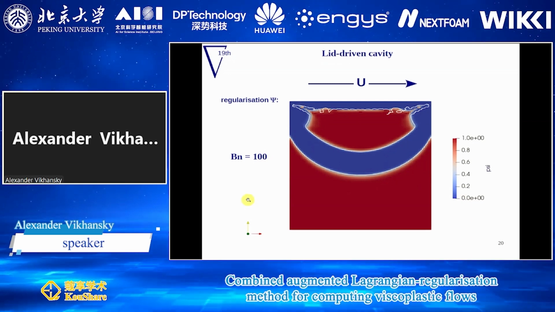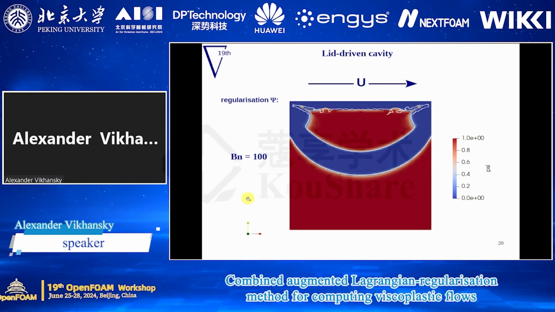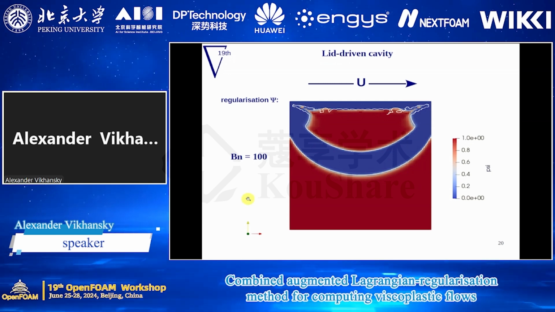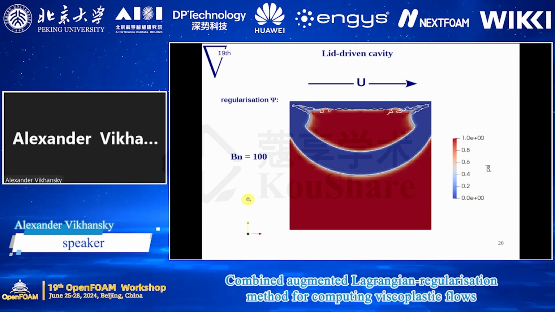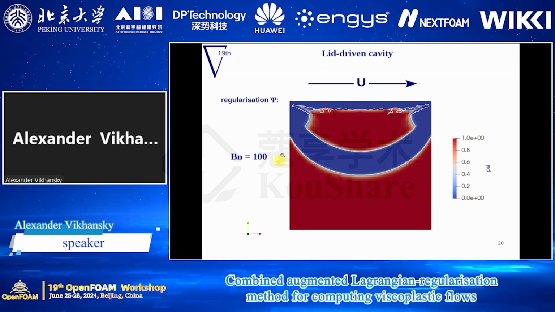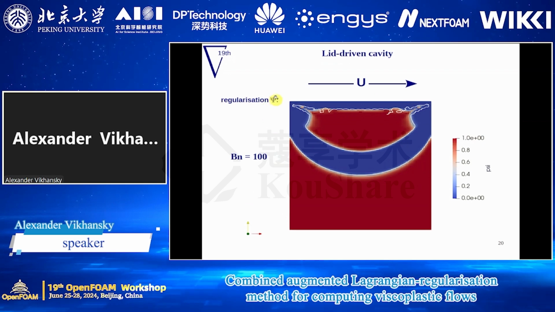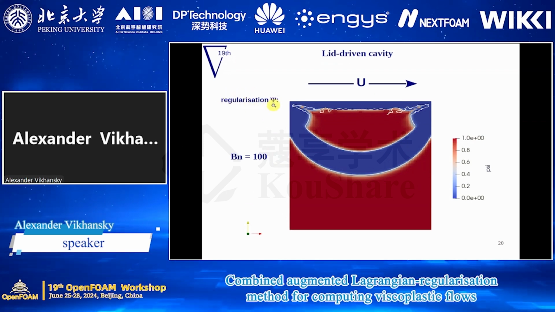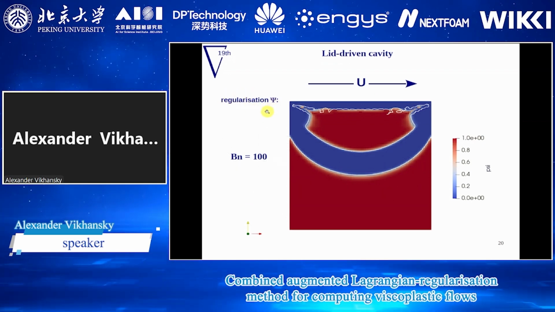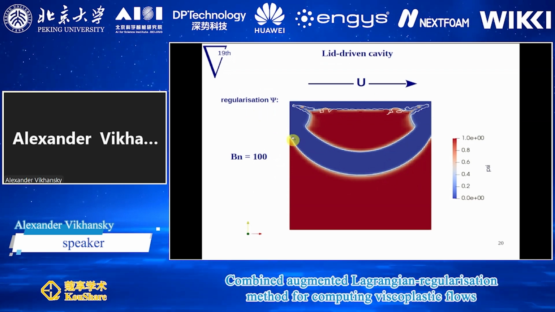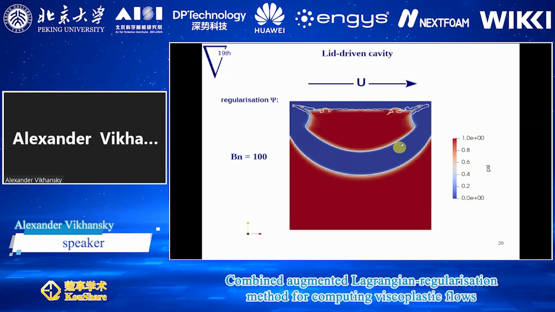So probably one of the most classical test cases for these flows is the lid-driven cavity. And you see this is the regularization function. I just remind you, in the liquid region, regularization is 0.